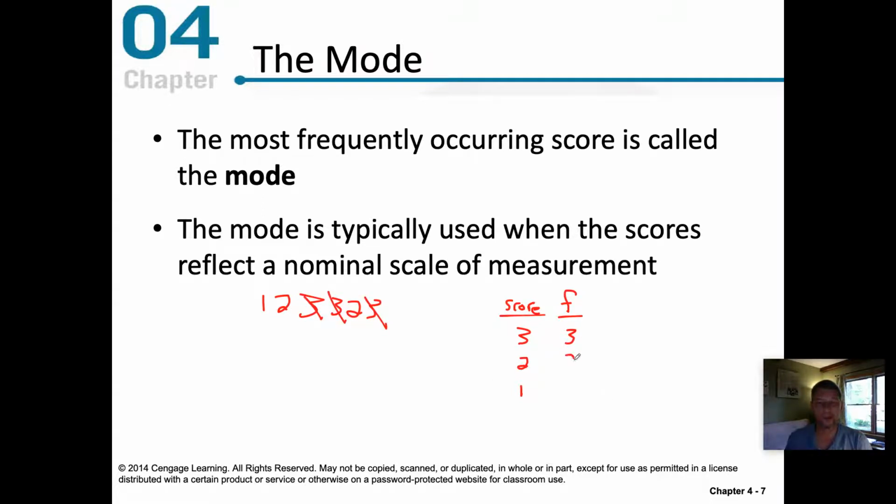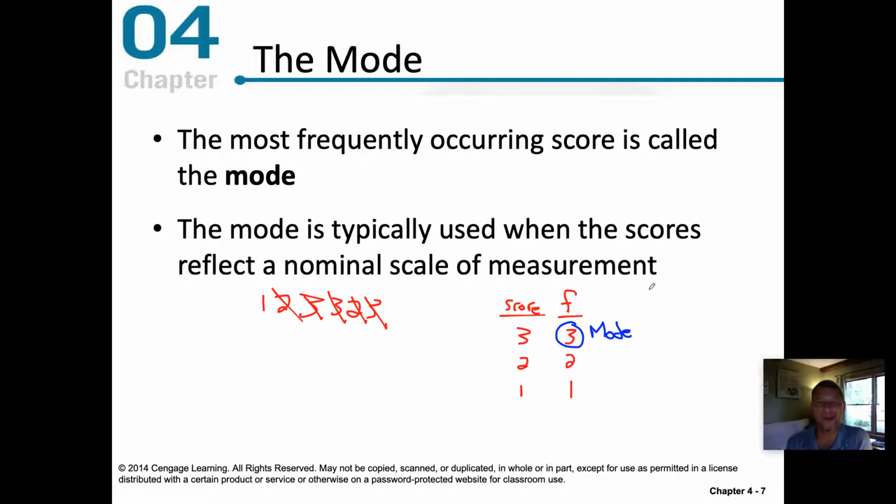The frequency of 2 is 2 because it appears 1, 2 times. And the frequency of 1 is 1. So because the frequency of the score 3 is 3, this is my mode, okay?